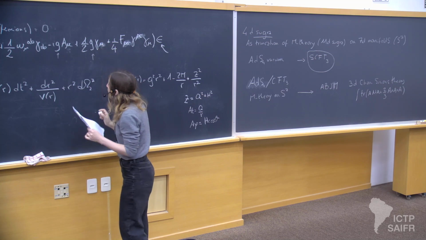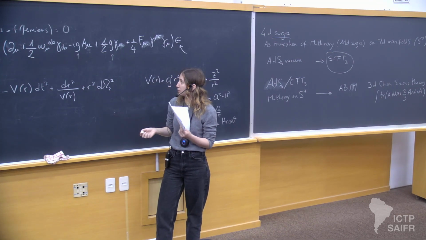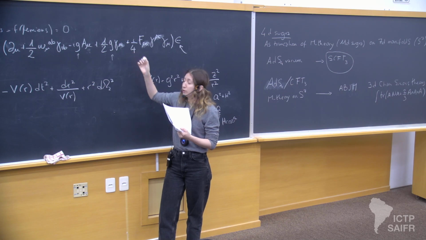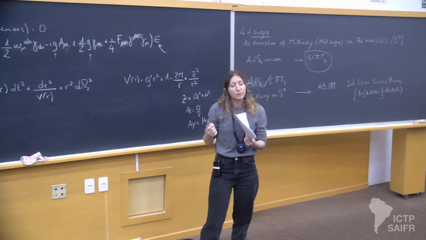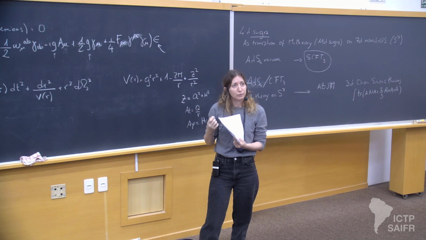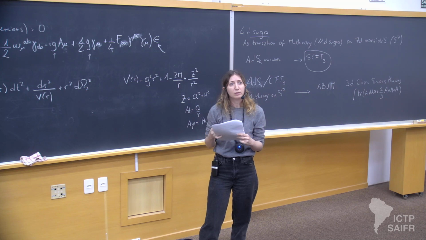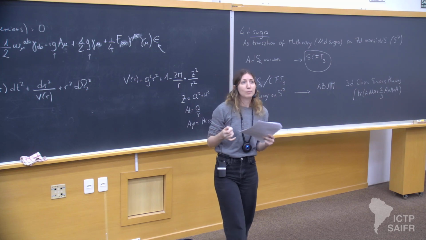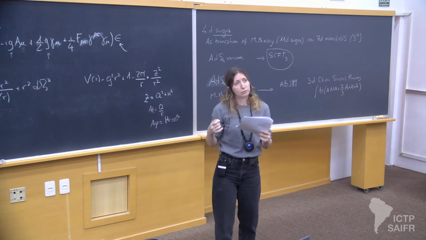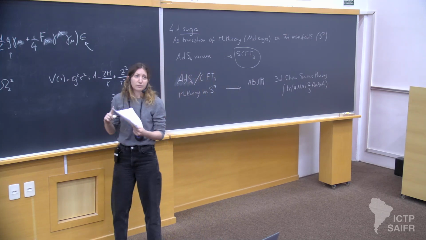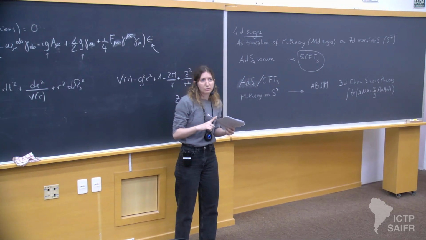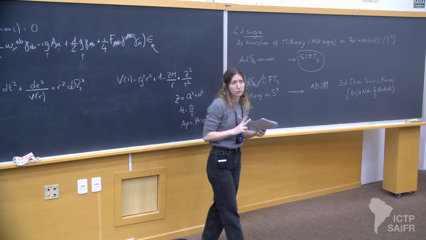So in order to couple fermions to general relativity, I'm using the vielbein formalism, also called the tetrad formalism. Are you familiar with this formalism? When you couple fermions to gravity, you need to ensure invariance under coordinate transformations and also local Lorentz transformations.